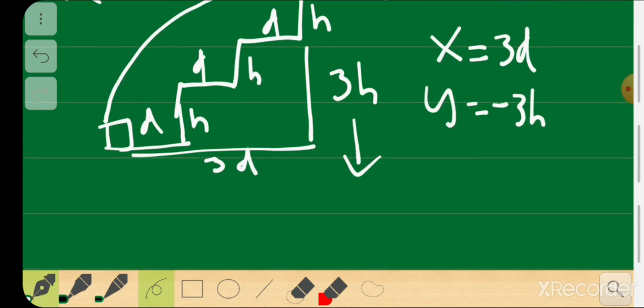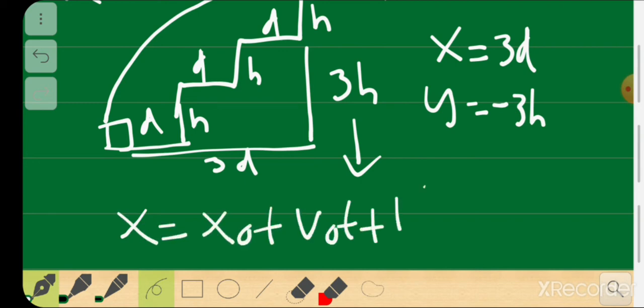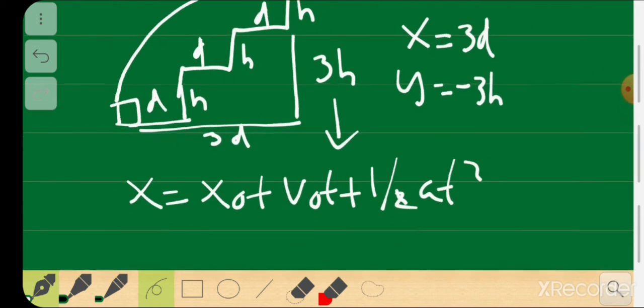Now I can write down the equation of motion again. So x is equal to x0 plus v0 t plus half a t square, right?